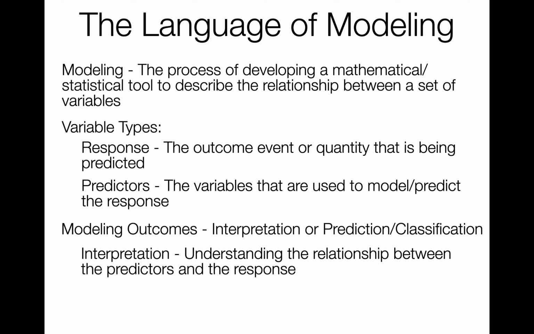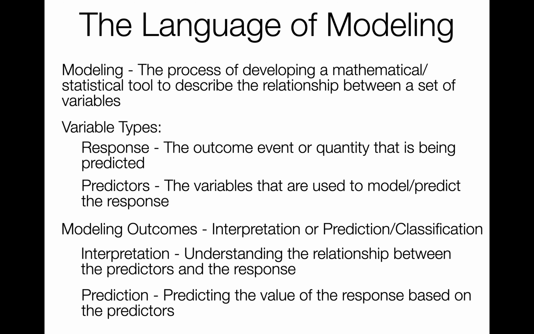Understanding how the predictors shape the response in some way is interpretation. So trying to understand that relationship between the two is interpretation, and prediction is predicting the value of the response based on the predictors. Okay, so hopefully that's fairly clear. And the two are not opposites, and they can happen at the same time, but usually your focus is on one or the other.